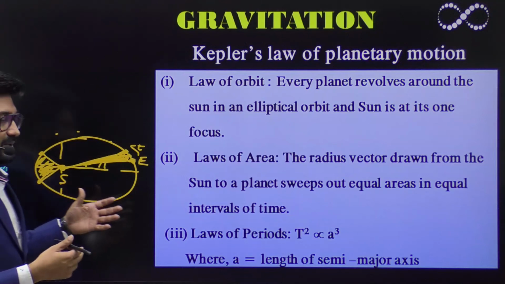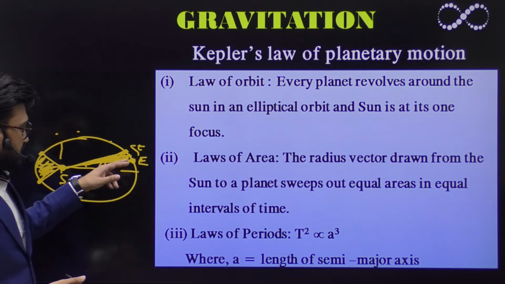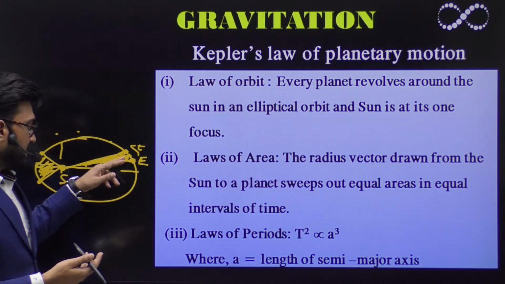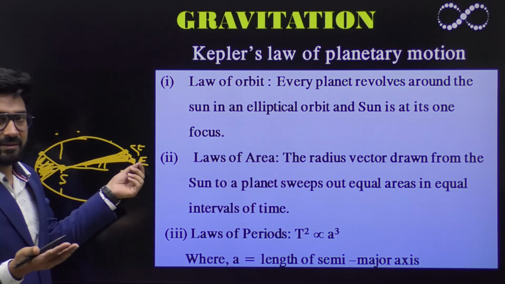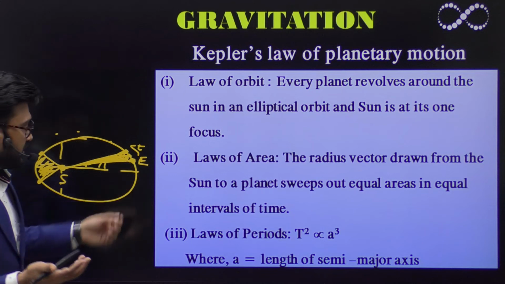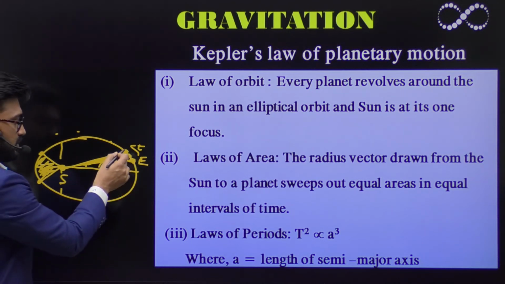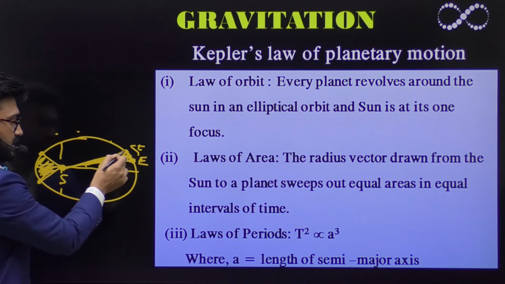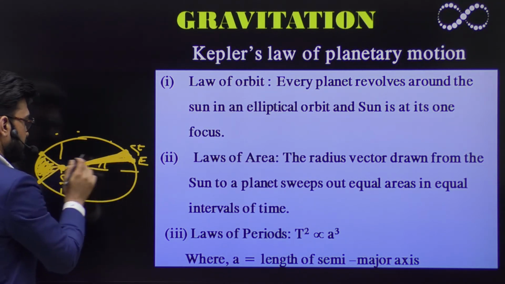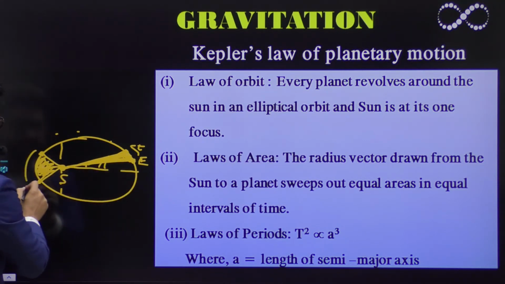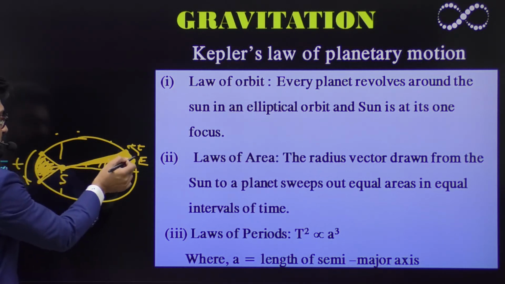It can only happen when, if it is far away from the sun, its speed becomes slow. Don't you think? If speed becomes slow, it will move a shorter distance over here, because this area and this area are equal, and in t time it moves from here to here.